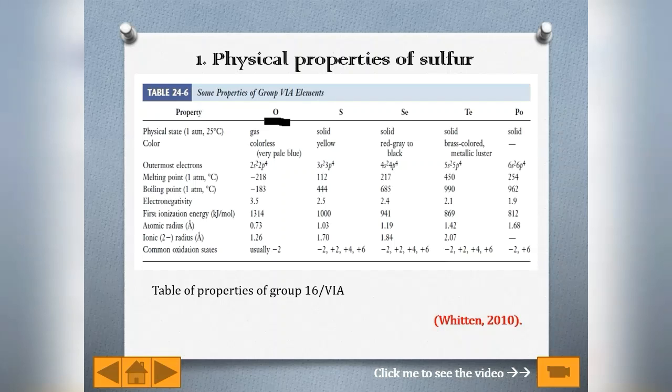So, each of the group 6A elements except oxygen can bond covalently to as many as 6 other atoms. This table I took from the book Chemistry, 9th edition, written by Whitten and friends. The video completing my slide you can see at the end of my explanation.